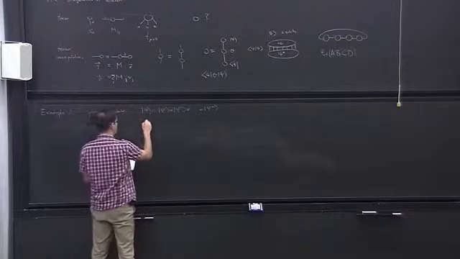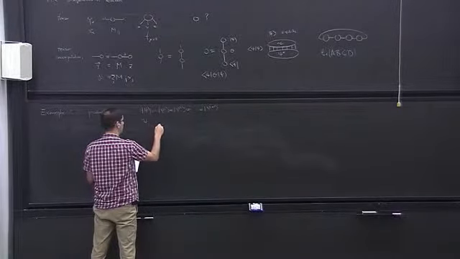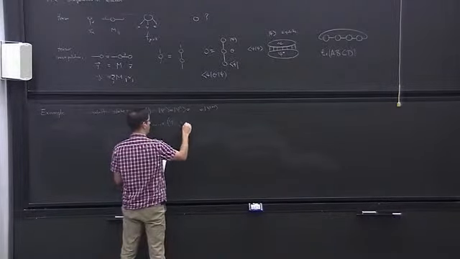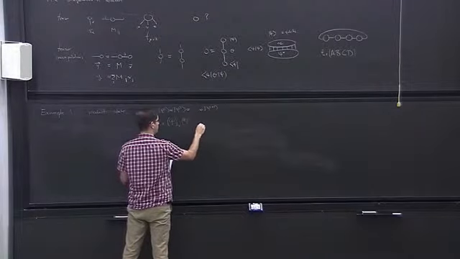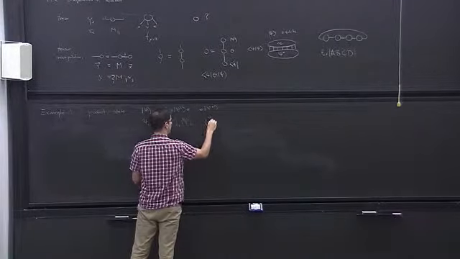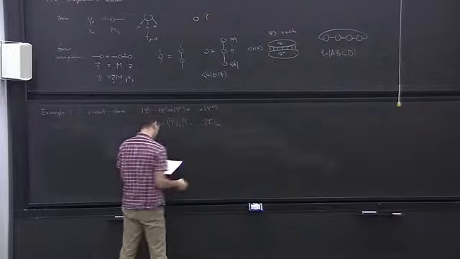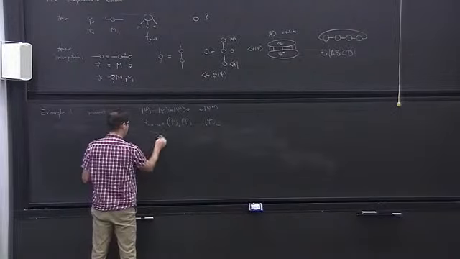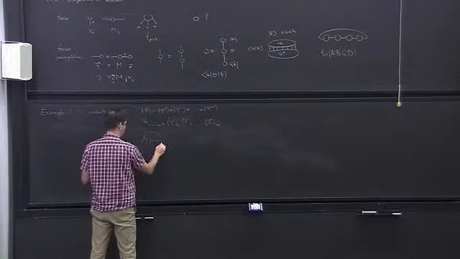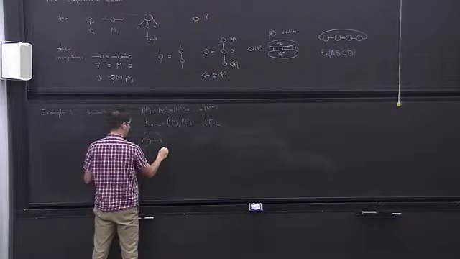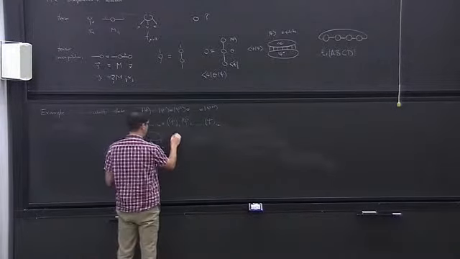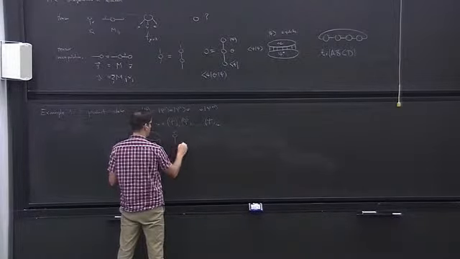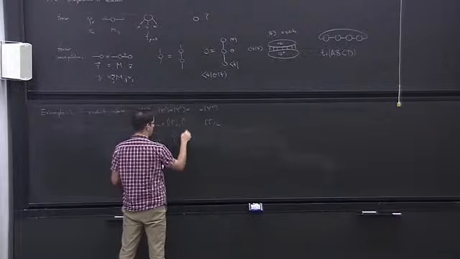Or in components, this means that psi i1, i2, ..., in is equal to phi 1 of i1, phi 2 of i2, ..., phi n of in. Or if we use our diagrammatic notation, we have psi here, and here what we realize is that we need to specify a vector, phi 1, for each site in the lattice.